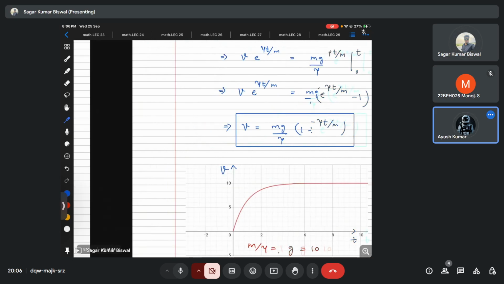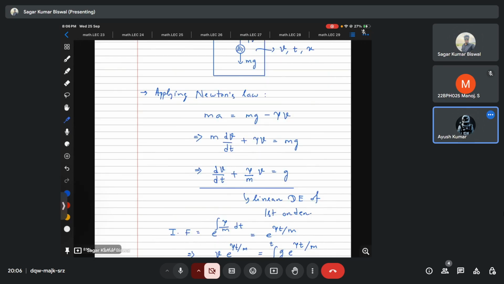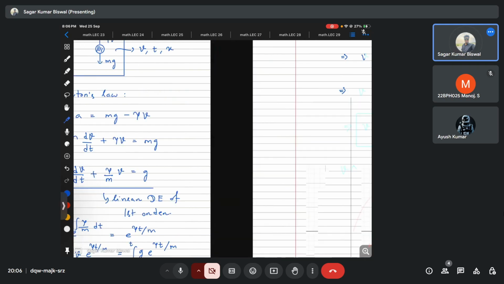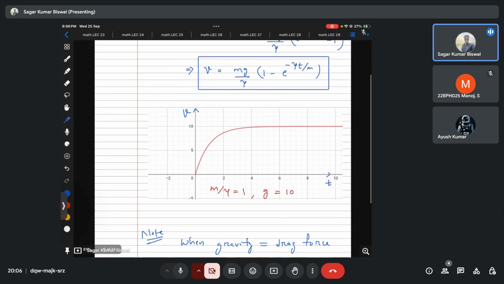So what if there was no frictional force? Then what will be the velocity with respect to time? It will just increase forever, right?